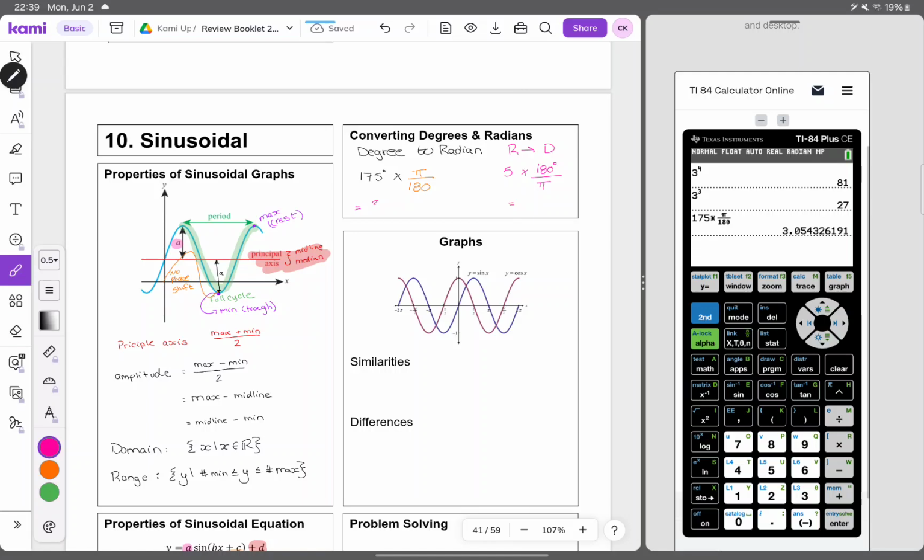There you go. So this is going to be 3.05 rads. And if I go 5 times, again, we're going to get 180 on pi. So this is approximately 286.47 degrees.